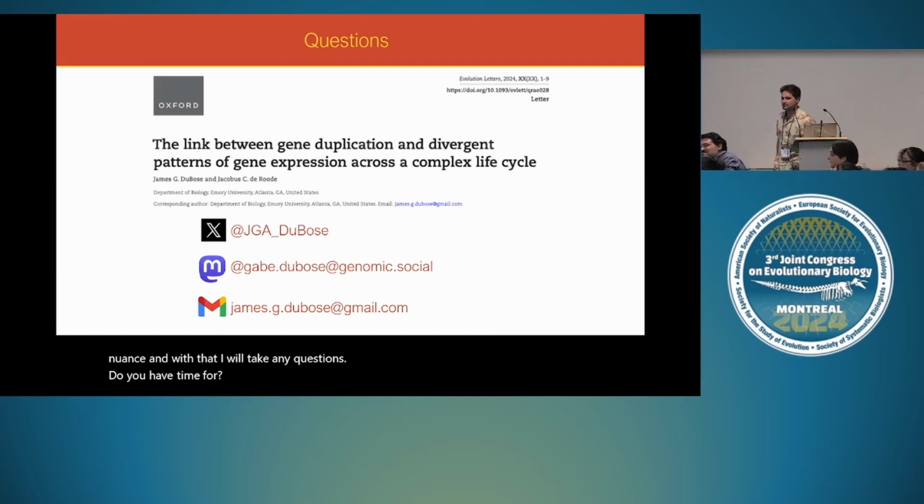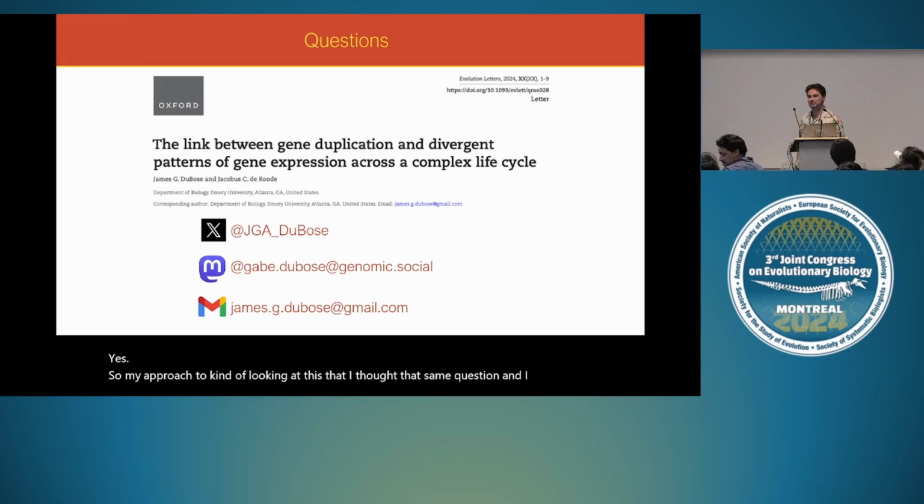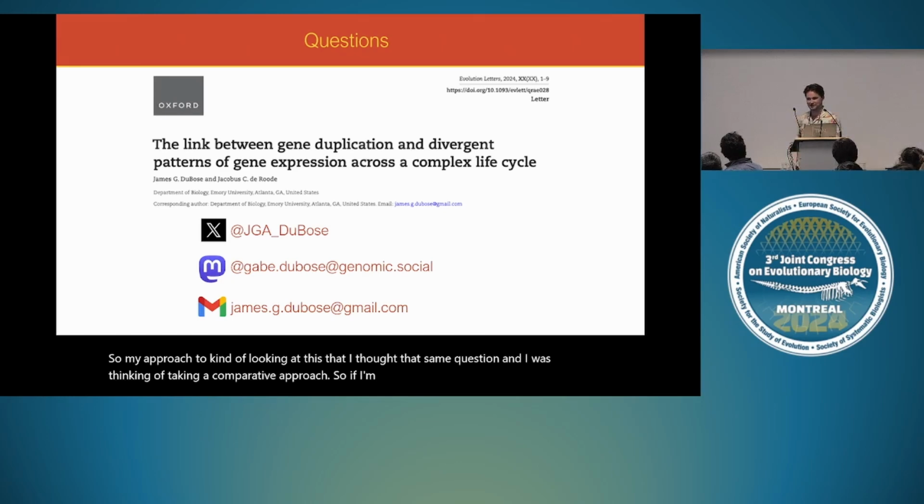Yes. Would you expect to see these same patterns in species with less dramatic life cycles? So my approach to looking at this, I thought the same question, and I was thinking of taking a comparative approach. If I'm saying gene duplication is the source of variation for how you get transcriptional divergence between stages, then I would look at groups that undergo less transcriptional divergence across stages.